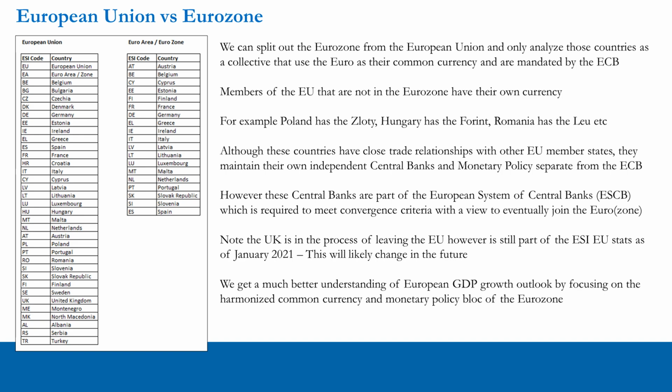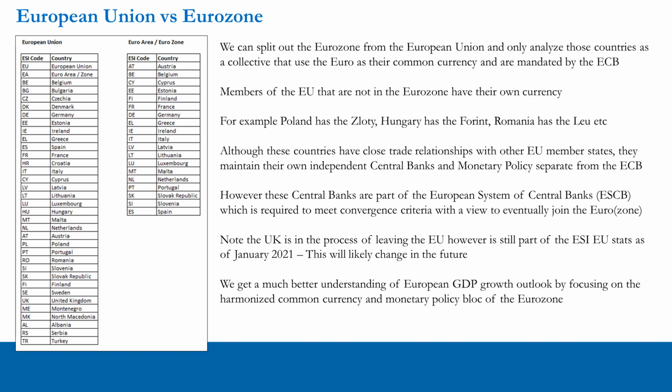You can also see in the table the European Economic Sentiment Indicator, ESI, codes for each country. So we split out the Eurozone from the European Union and only analyze those countries as a collective that use the euro as their common currency and are mandated by the ECB.